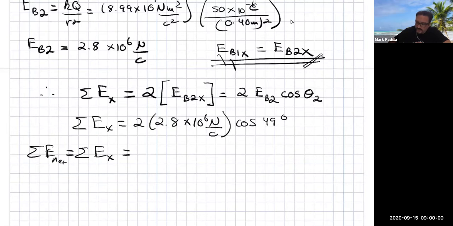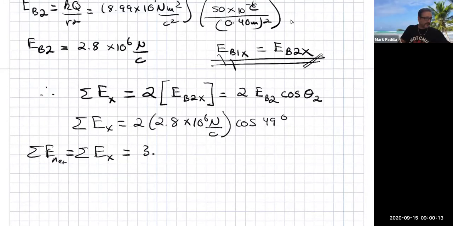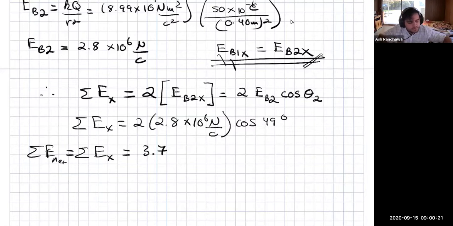And what do I get? Anybody have an answer for me? 3.7 times 10 to the 6. Is it 3.6 or 3.7? 3.7, it should round up. Times 10 to the 6 newton per coulomb.